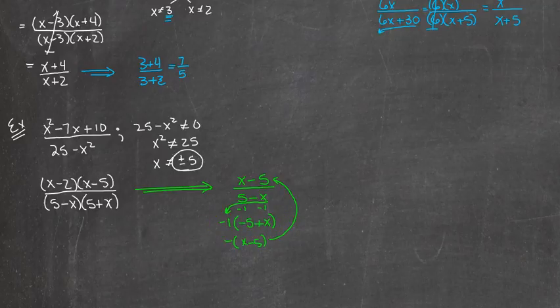An opposite of a number. The opposite of 2 is negative 2, and the opposite of negative 2 is 2. Same thing here. The opposite of x minus 5 is minus x plus 5. Whoa, that's not right. Let me back up.